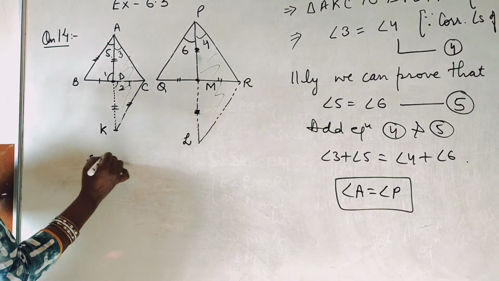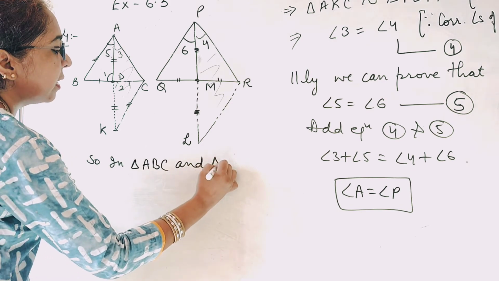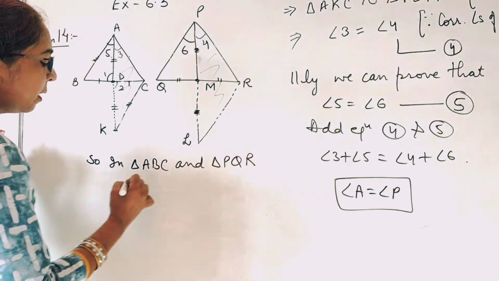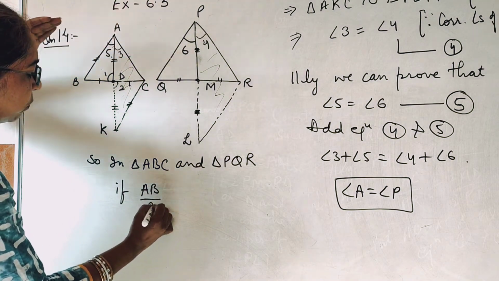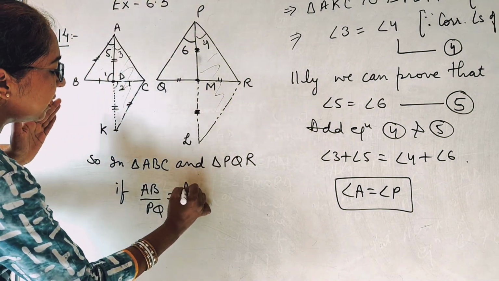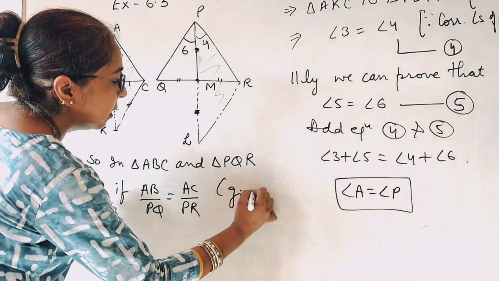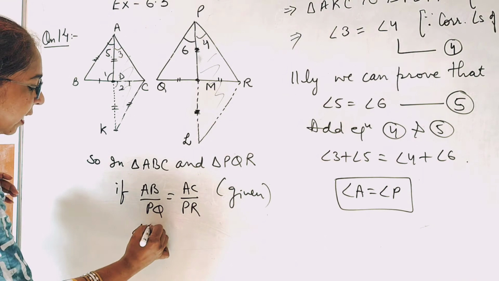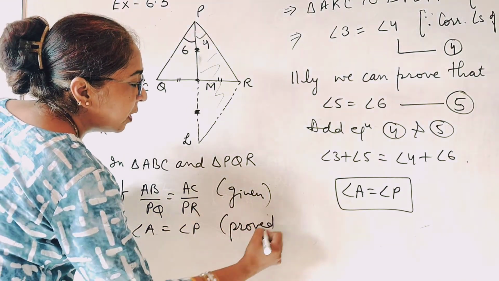So in triangle ABC and triangle PQR, AB by PQ is equal to AC by PR, this is from the given, and angle A equals angle P, this is proved above.